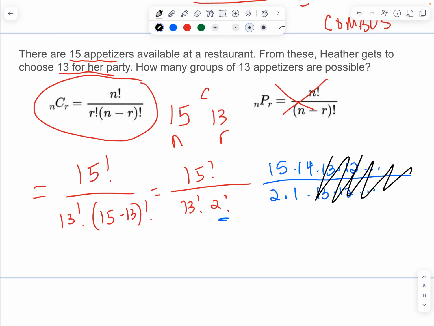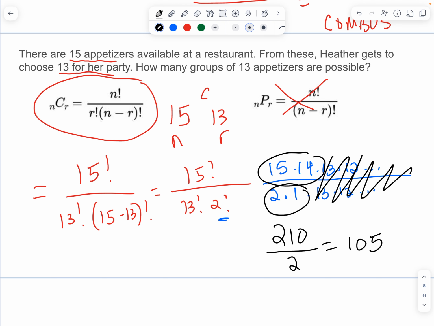So up top, we have 15 times 14. It's going to be 210. In the bikini bottom, which is the denominator, we got 2 times 1. If we cut 210 in half, that's 105 possible combinations that Heather can choose for her appetizers, the 13 that she's going to choose for her party.